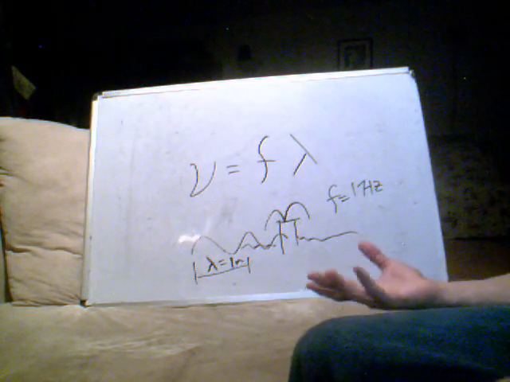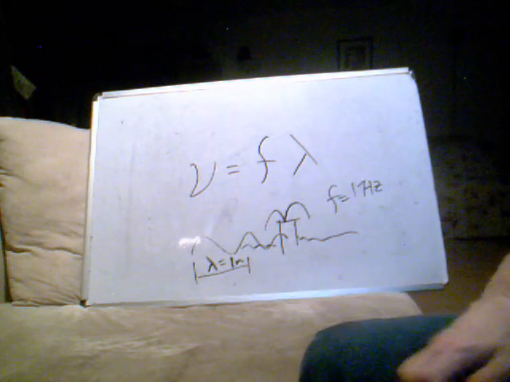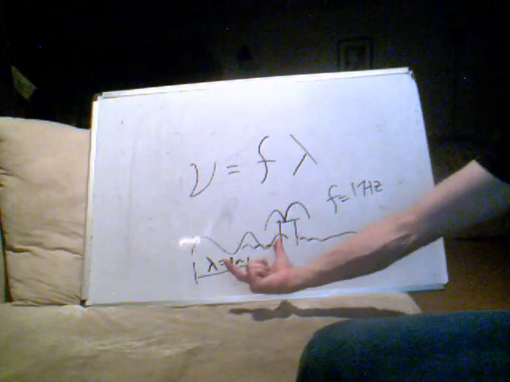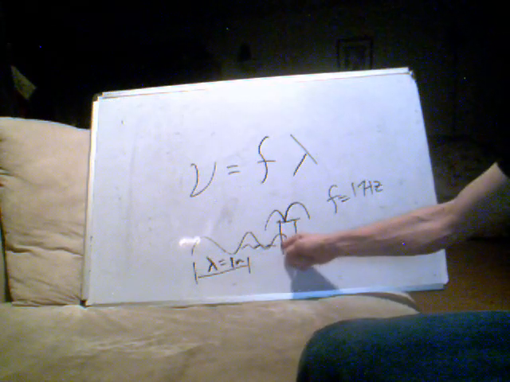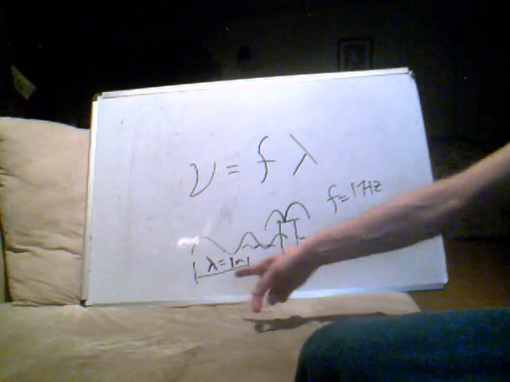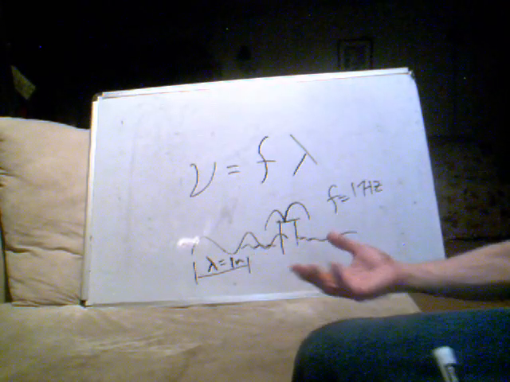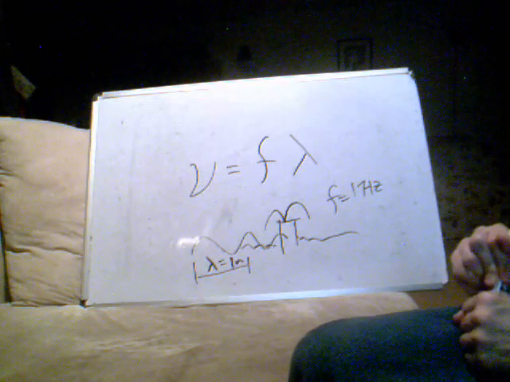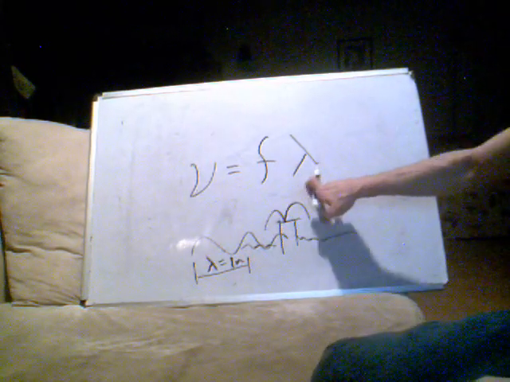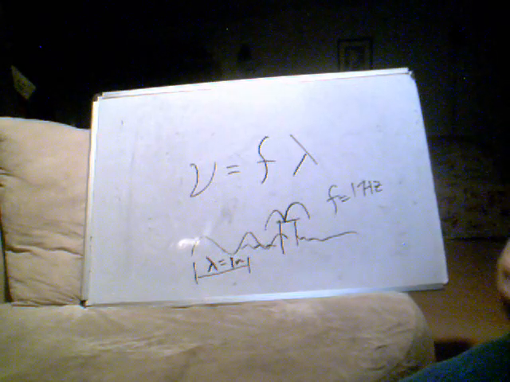Now, how fast is the wave moving? What is the wave speed? Well, if the waves are 1 meter long and one of them is hitting here every second, that means the wave speed has to be 1 meter per second, right? And so we can immediately see that wave speed is frequency times wavelength.